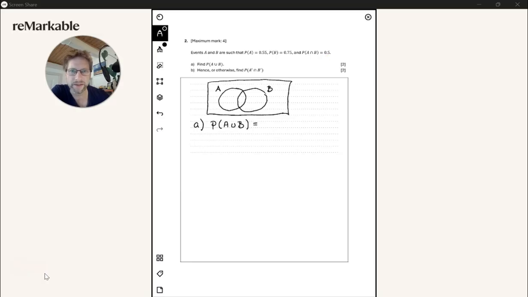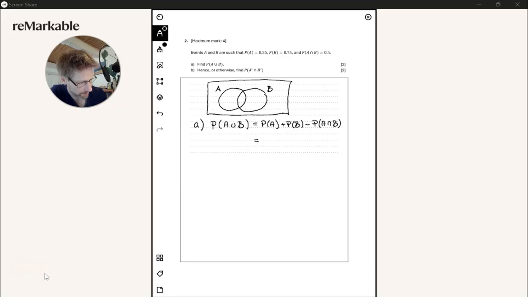So obviously we can't just add the probabilities of A and B, because we're going to add the area in the middle twice. But what we can do is take the probability of A and add the probability of B, and then remove the probability of the intersection because we've taken it twice. And that's really just it.